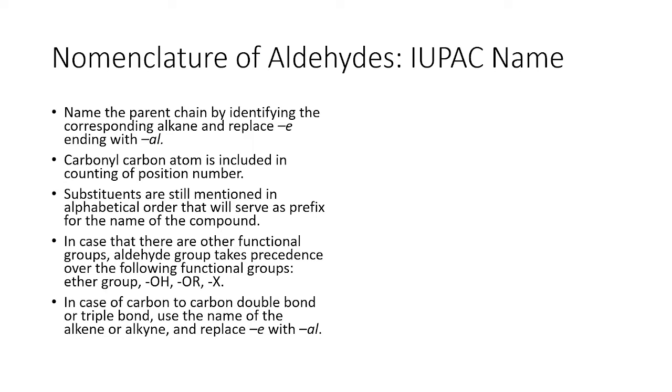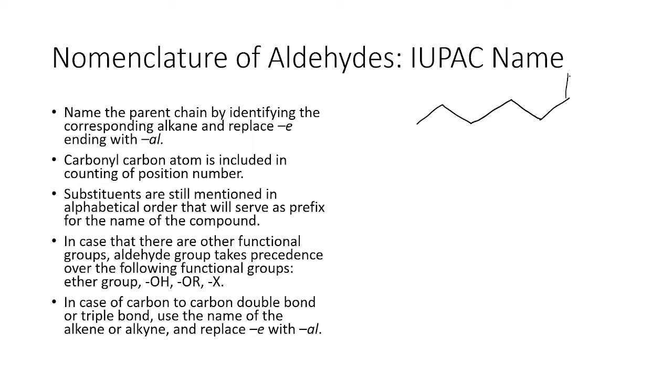So, simply, ito lang yung mga rules on naming our aldehydes. So, to be exact, we can name the parent chain by identifying the corresponding alkane and replace the E ending with al.